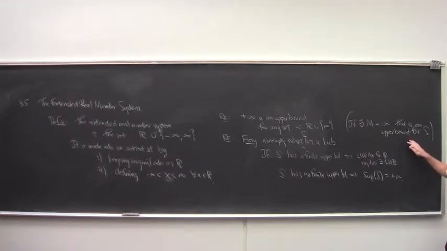This set as a subset of R has an upper bound, so we use the least upper bound axiom from R and say there's going to be a least upper bound for it. Anybody who's got a finite upper bound will have a least upper bound.